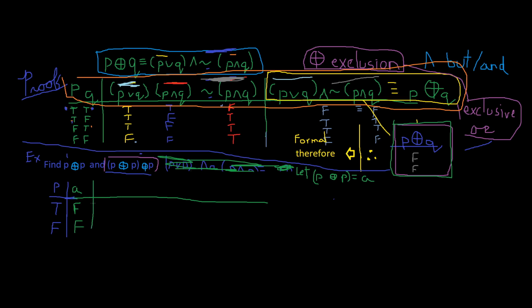So now we found our statement variables, and now we want to find our compound statements for this again. And so why are we putting A first? Because A is obviously first right here. And then we have our P. A and P.